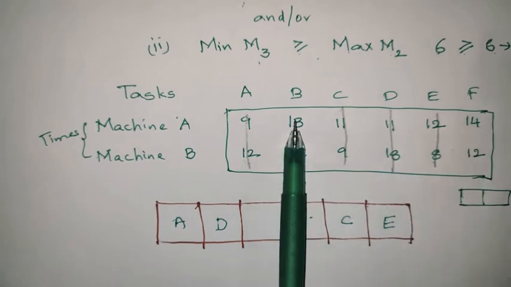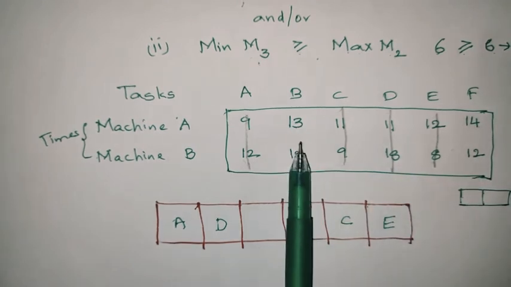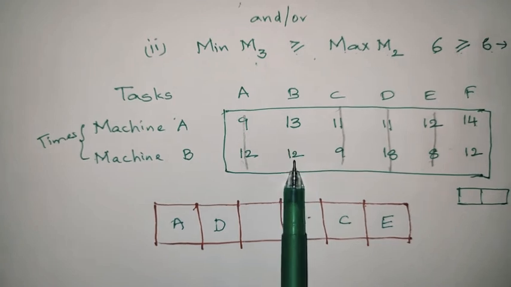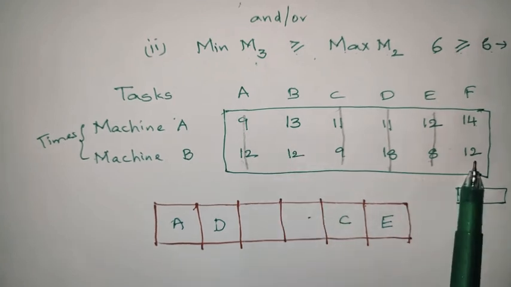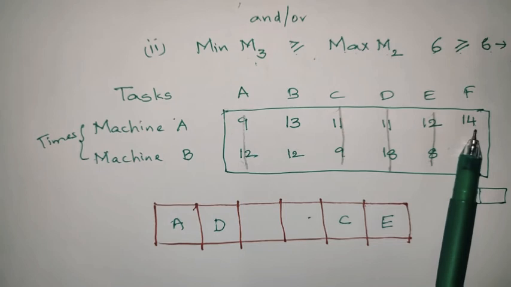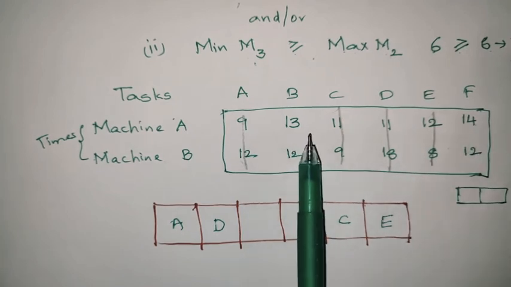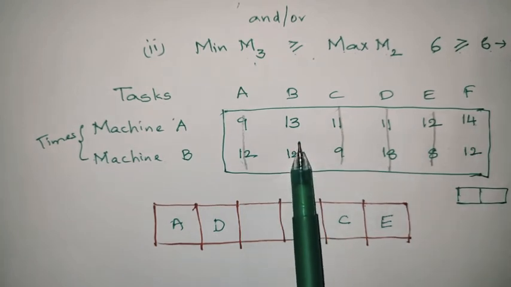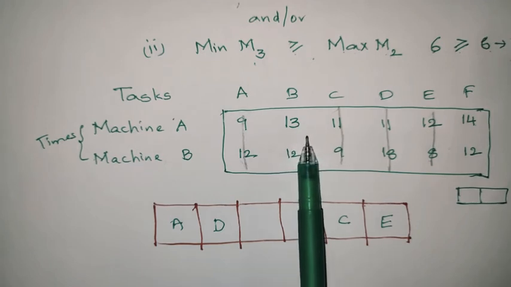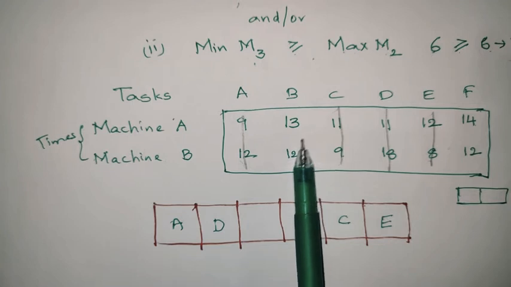Now compare the corresponding values in the first series. In the first series, to this 12 the value is 13, and to this 12 the value is 14. Which one is minimal? The minimal value is 13.